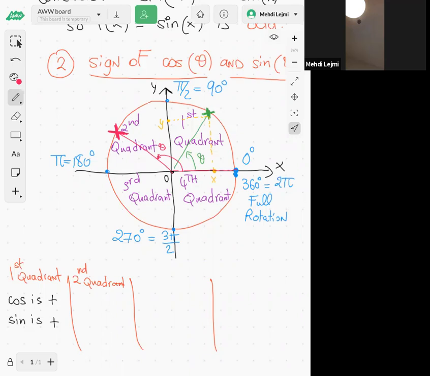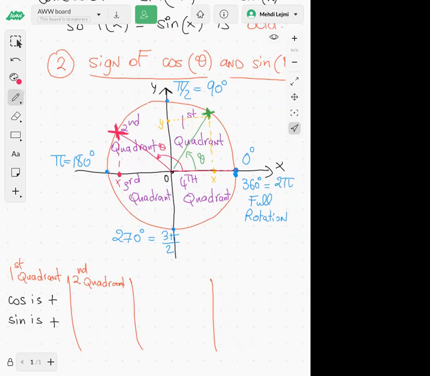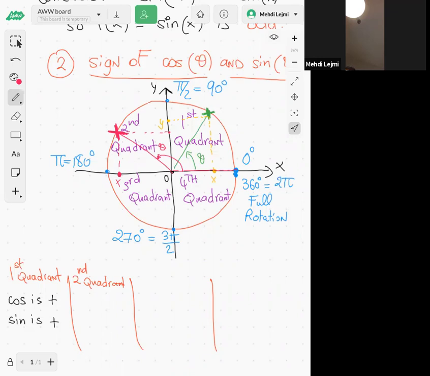Actually, that's probably not a good way to memorize. As I said, the best way is just to think of cosine as x and sine as y. Here, the x coordinate would be negative, so cosine is going to be negative. And the y coordinate is positive, so sine is going to be positive.